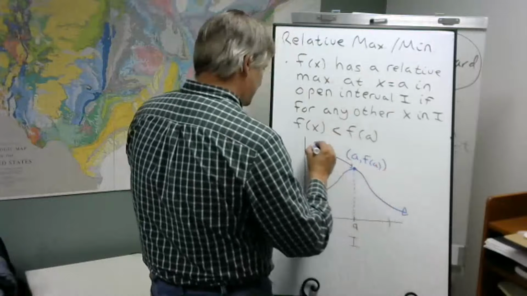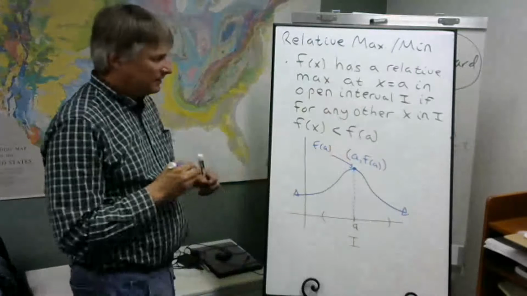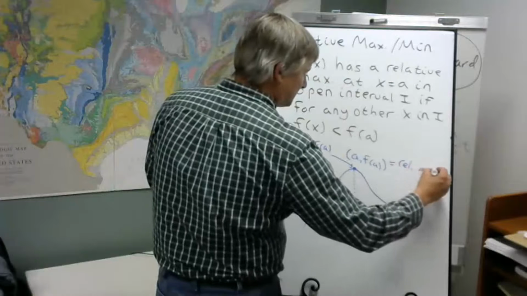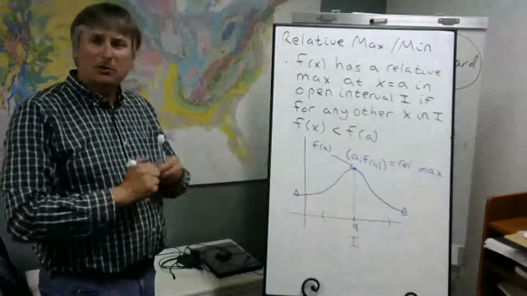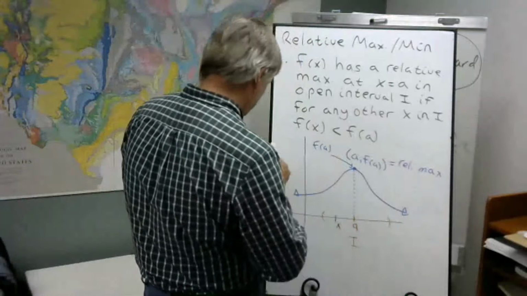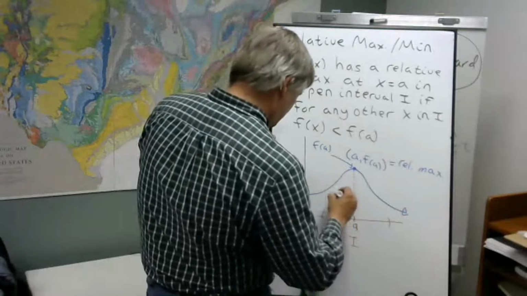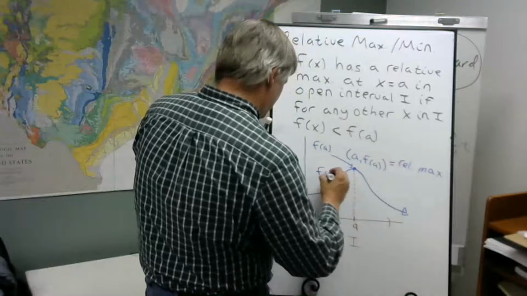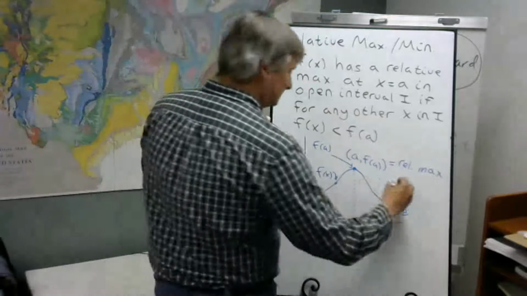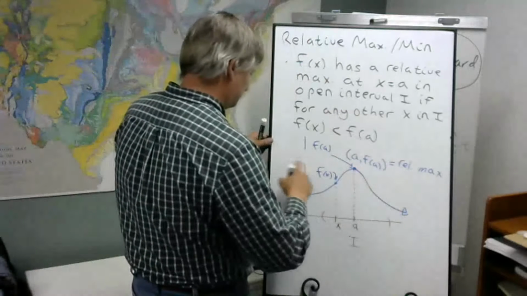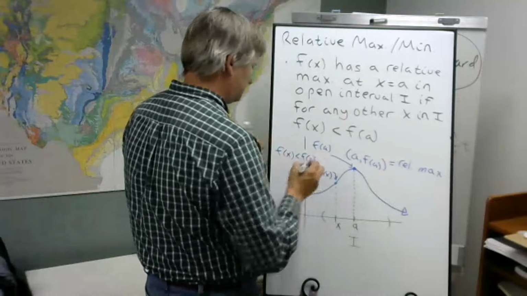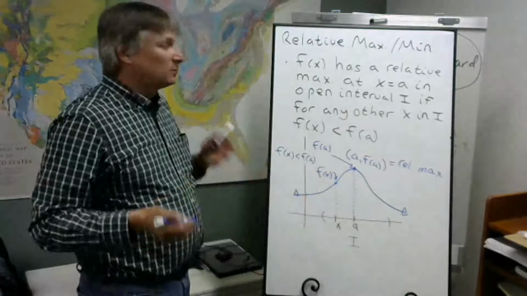And then the value here is f of a. And so this is going to be the relative max. And notice if you choose any x anywhere in this interval, that f of x is less than f of a. So that's the idea of a relative max.